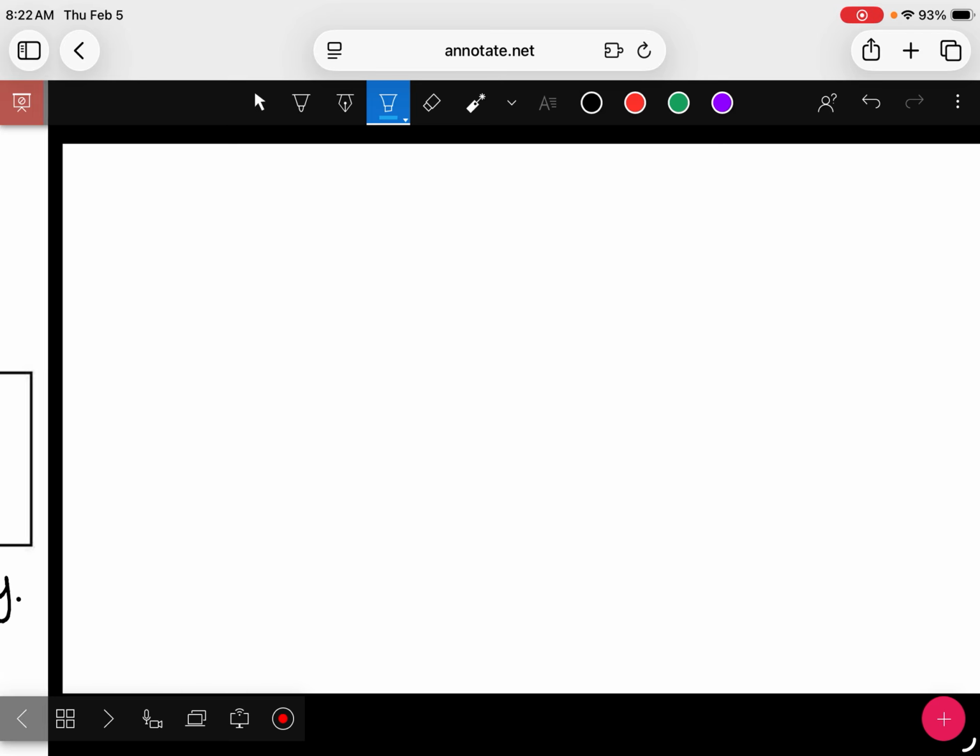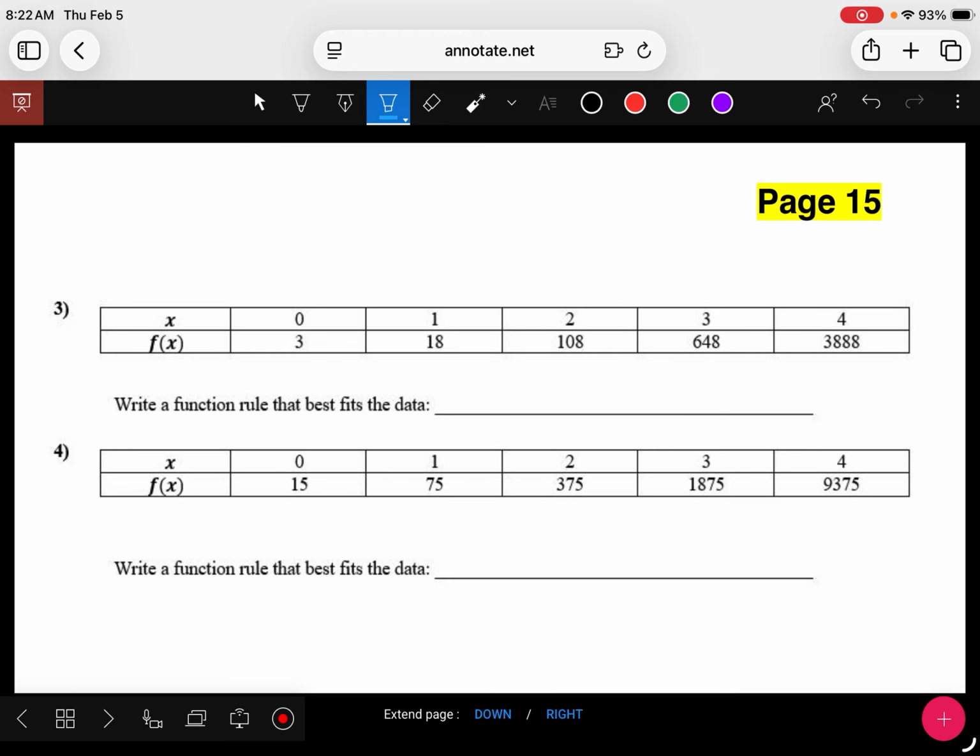So let's go ahead. We're going to skip down to question 3. So your first number in the table, and it's really important that you remember, x has to be 0. All right. So the first y value in my table is 3. So that means that a is equal to 3.